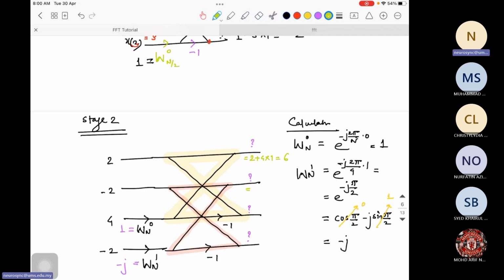This value is the addition of this plus this into this. So this is minus 2 plus minus 2 into minus j, which is equal to minus 2 plus 2j. Correct? Are you following this?